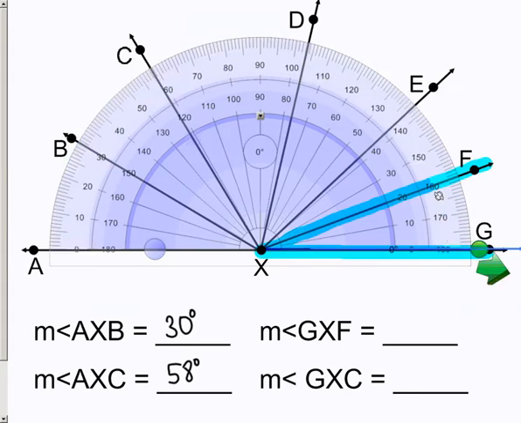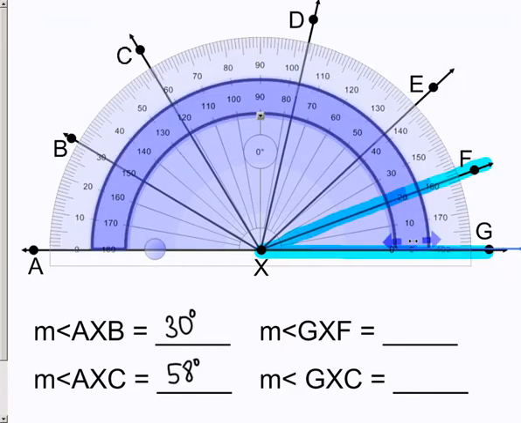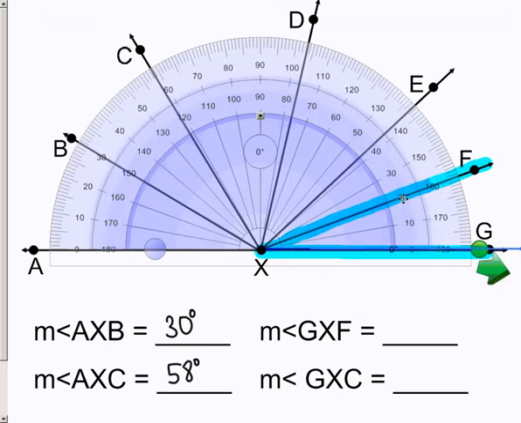Well, it's a very small angle here, and we need to start at 0 on the bottom of the protractor, so we're going to use the inside just because we start at 0 and we work our way up. And as you can see, it's going to hit 20 degrees. We're not using the outside numbers, we're using the inside, and so we would say 20 degrees. Angle GXF is 20 degrees.